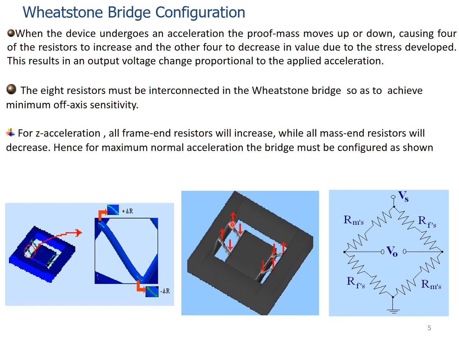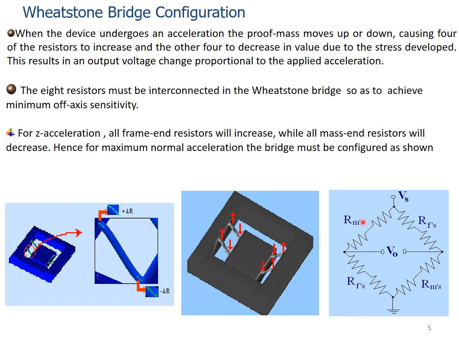Right now, suppose R1, R2, R3, R4, likewise, if we give the names, accordingly we have connected them in the Wheatstone bridge configuration. So in this case, Rm corresponds to the piezoresistors towards the mass side, and Rf corresponds to the piezoresistors towards the frame side. Fine. So basically, towards the mass side we have a total of 4 piezoresistors, and they will show you a decrease in resistance.